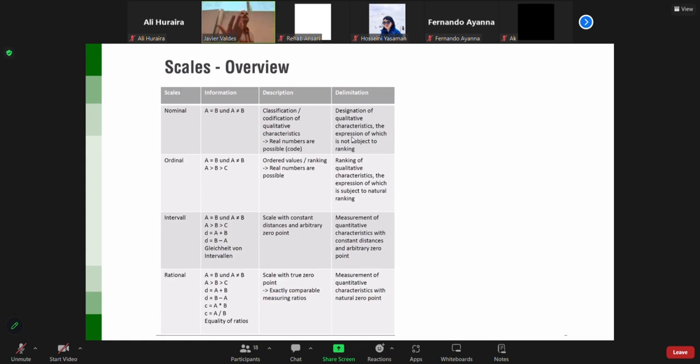If you can rank the options, even if they are a string, yes, I like it a lot, I don't like it much, maybe I like it a little bit, this is ordinal, right? Do we agree?